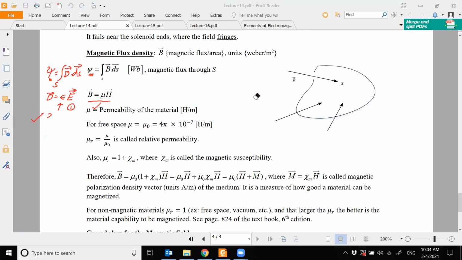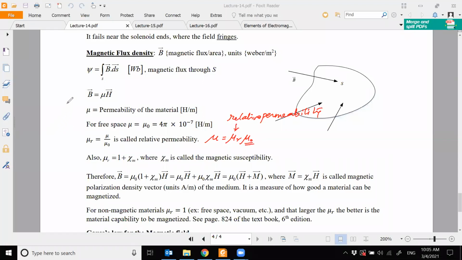Now for permeability, mu naught is a constant, 4 pi times 10 power minus 7. The permeability is defined as mu equals mu r mu naught, where mu r is called the relative permeability, and mu naught is the permeability of free space.